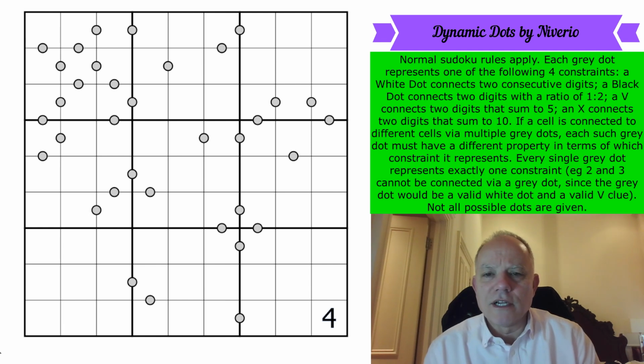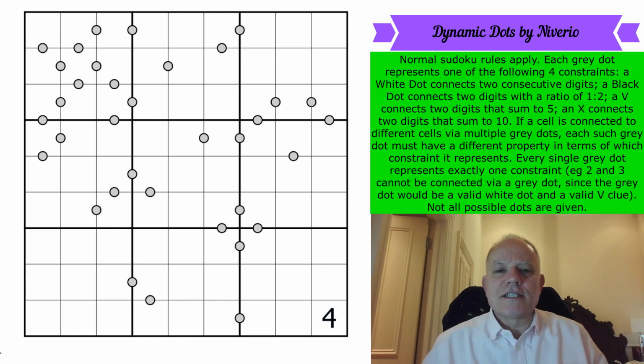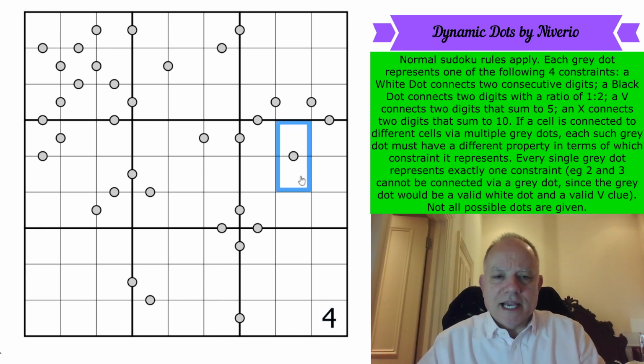If you're not, you will have to appreciate that any one of these dots could be connecting 2 consecutive digits like 3 and 4, 2 digits with a ratio of 1 to 2 like 4 and 8, 2 digits that add up to 5 like 4 and 1, or 2 digits that add up to 10 like 4 and 6.